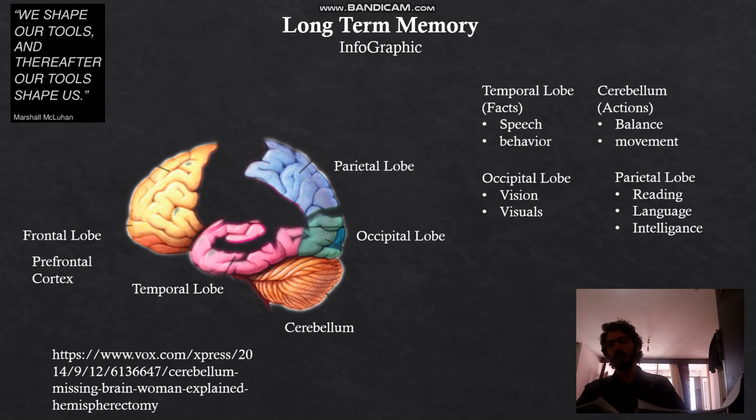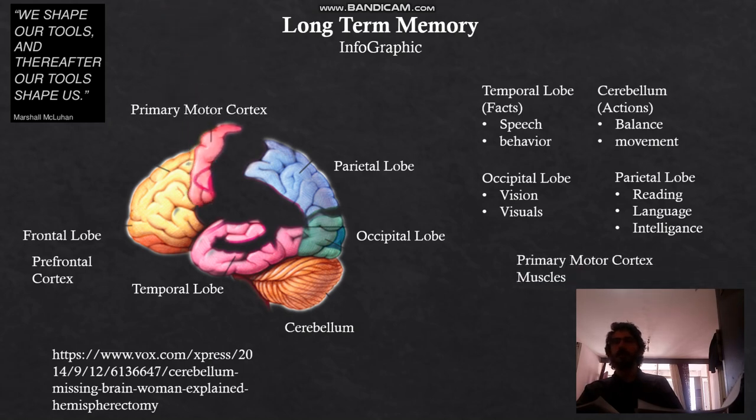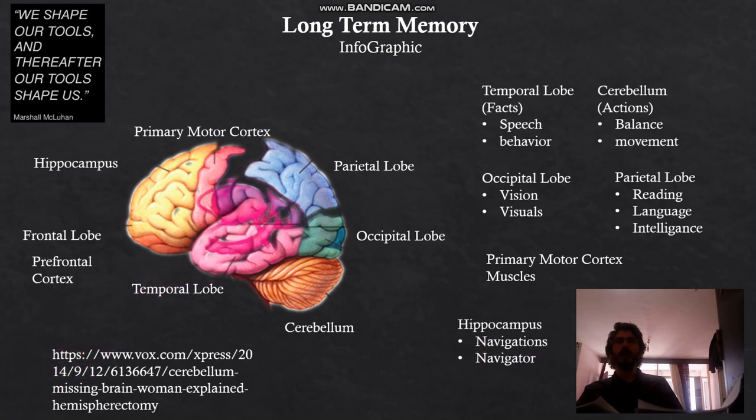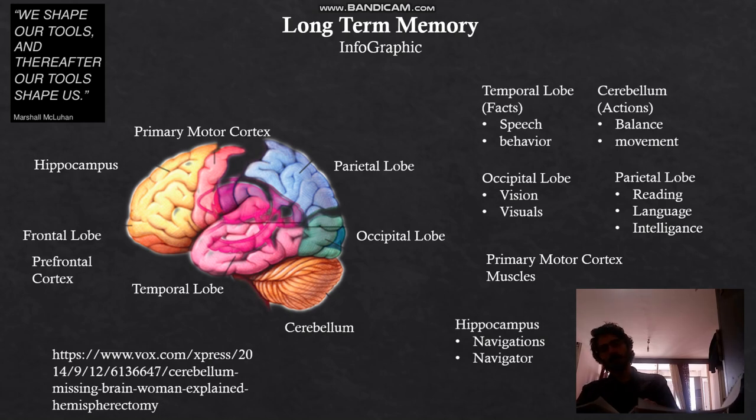The parietal lobe keeps the records of language and reading ability. The primary motor cortex records muscle memory. And finally, the navigator is the hippocampus, which is the first station in long-term memory for information.